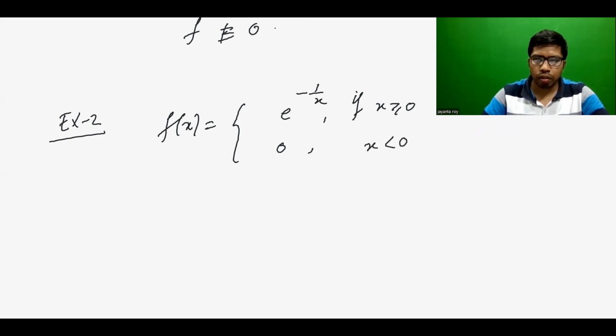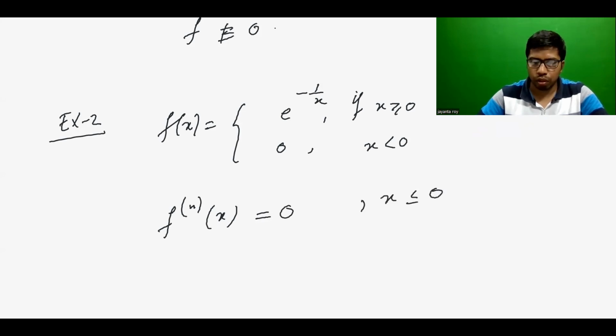And here, for x not equal to 0, f has derivatives of all orders, and it is easy to check that the derivative of f for x less than or equal to 0 is 0. However, this function does not vanish in R.